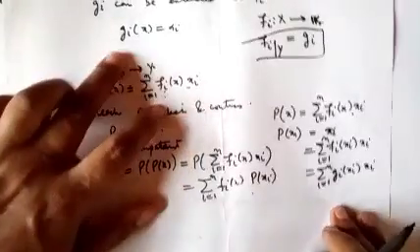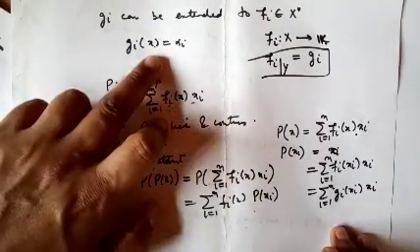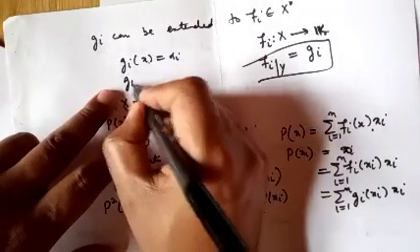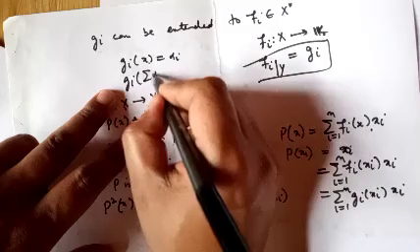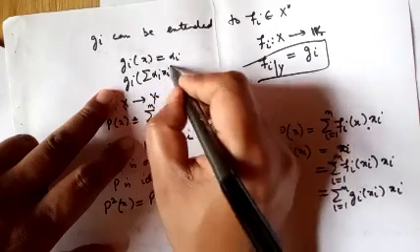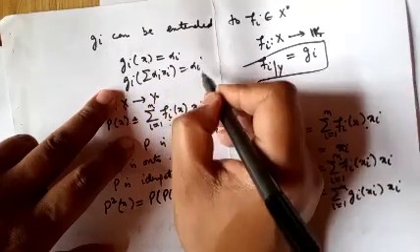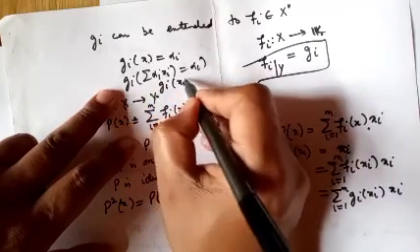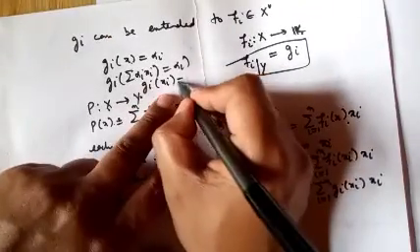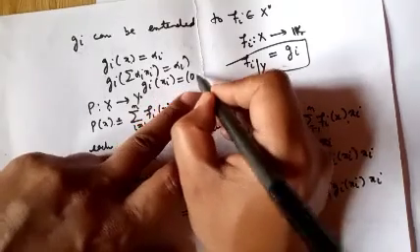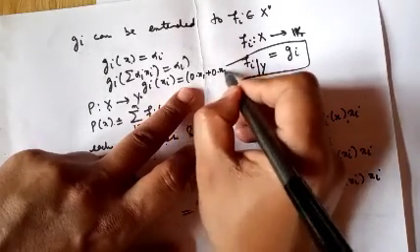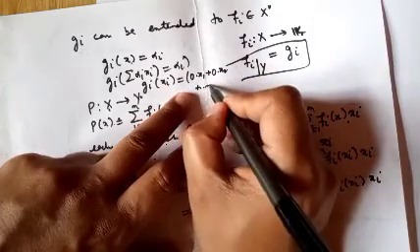Now how is g_i defined? g_i of the summation alpha_i x_i is equal to alpha_i. That means g_i of x_i, which can be written as 0 times x_1 plus 0 times x_2 plus so on and so forth.